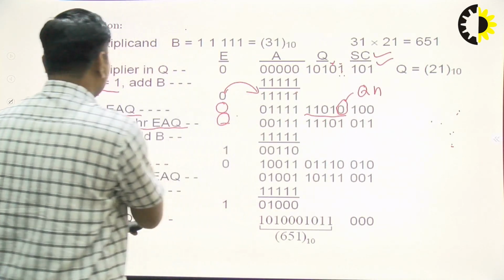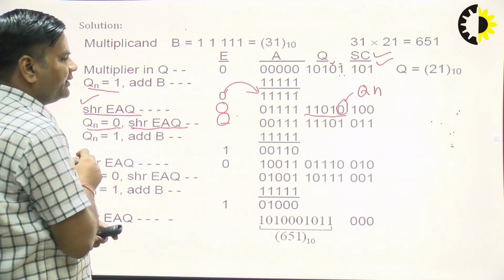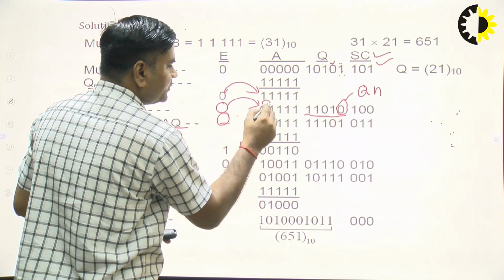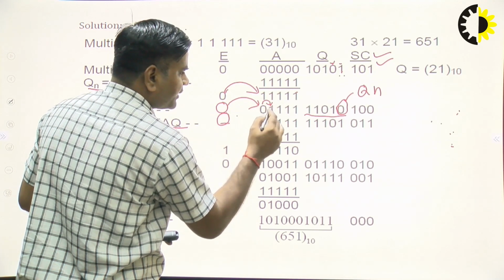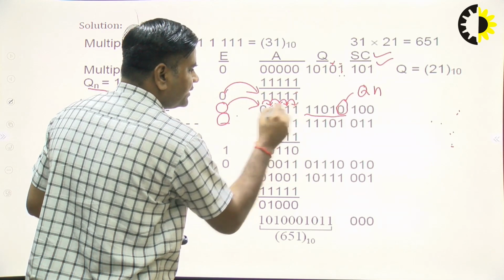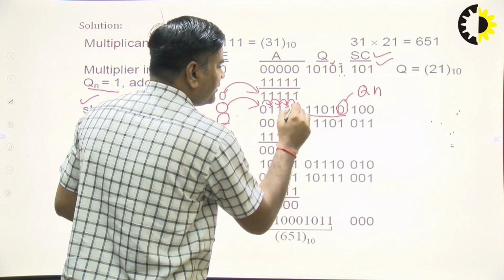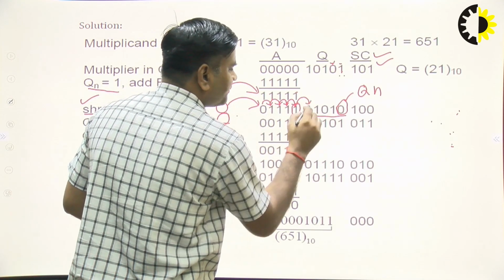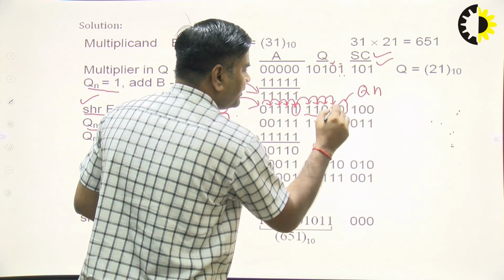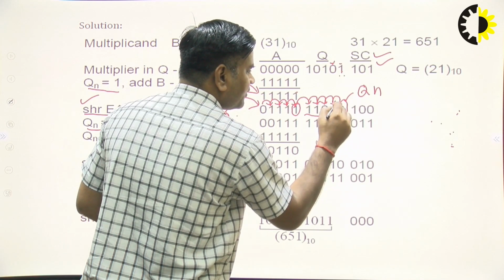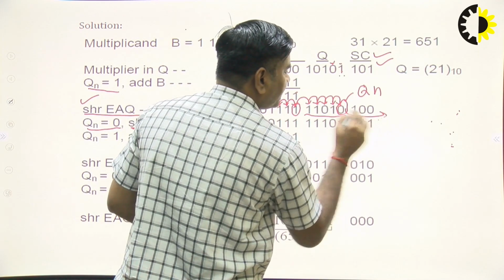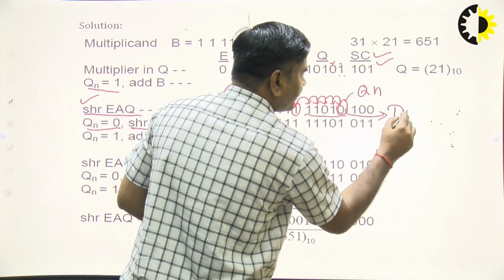And after the logical shift right EAQ, this 0 goes here, this shifts right 1 position, this will also shift right 1 position, and this bit goes right 1 position. This is also shifted right, and this Qn bit is discarded.